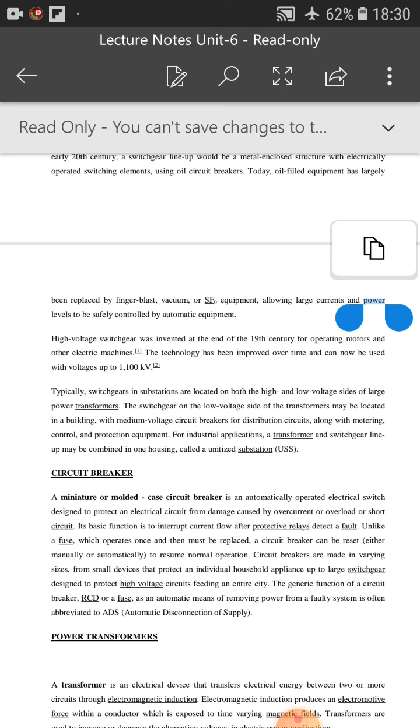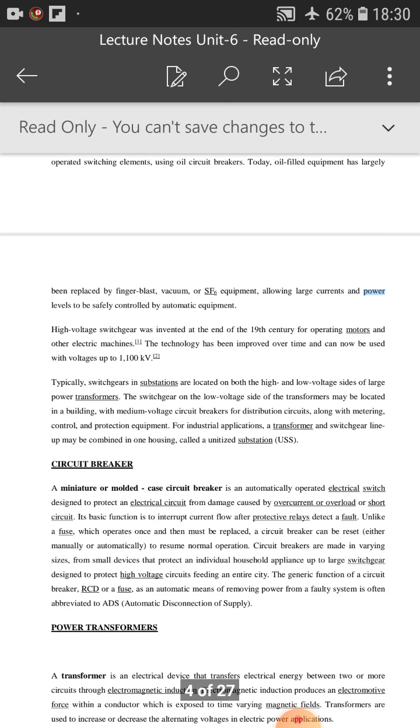High voltage switchgear was invented at the end of the 19th century for operating motors and other electric machines. The technology has been improved over time and can now be used with voltages up to 1100 kV. Typically, switchgear in substations is located on both the high and low voltage sides of large power transformers.